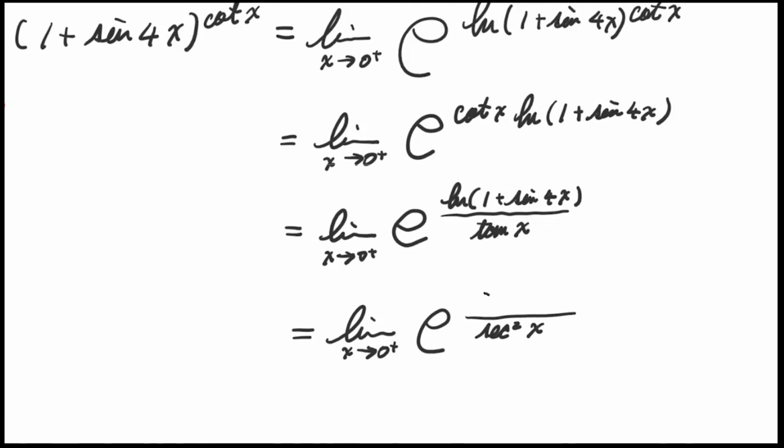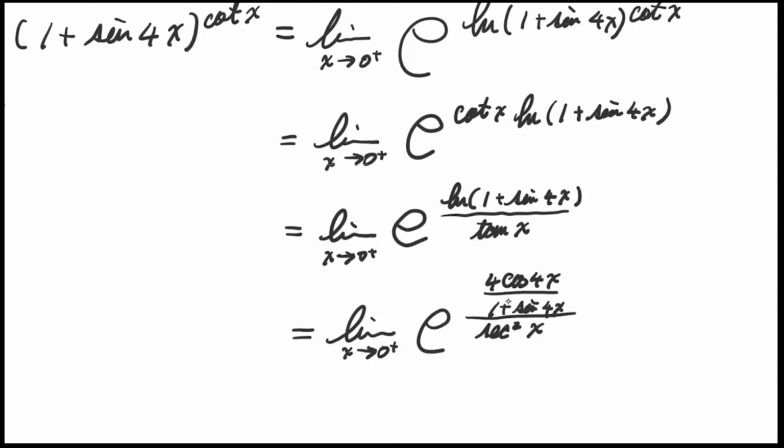Tell me what you got. I'll give you this much. Oh, come on, chain rule. 4 cosine 4x, right? Now, let's plug in 0 and see what we get. This denominator becomes 1, no problem there.